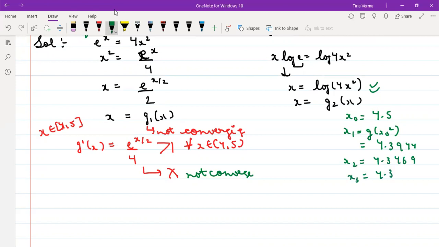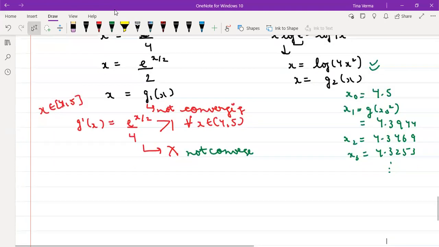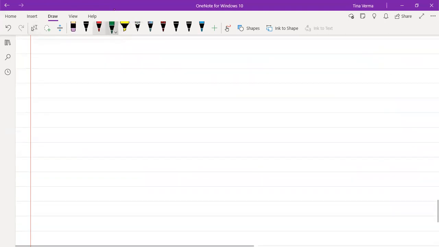This will be 4.3253. You can check the accuracy level जहाँ पे आपको converge करना है. Is it clear? So here forming your g of x plays an important role. अगर आप किसी में चेक कर रहे हो कि डेरिवेटिव उसका बड़ा आ रहा है, then obviously it will not converge. One more example that we will do.